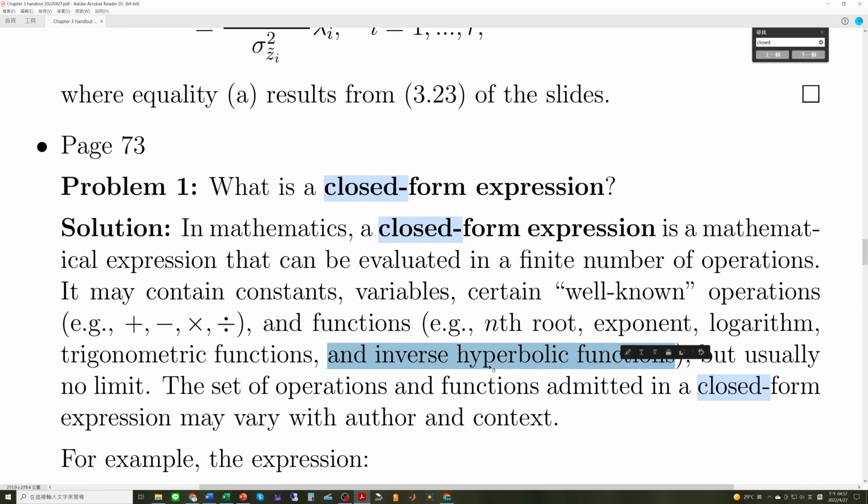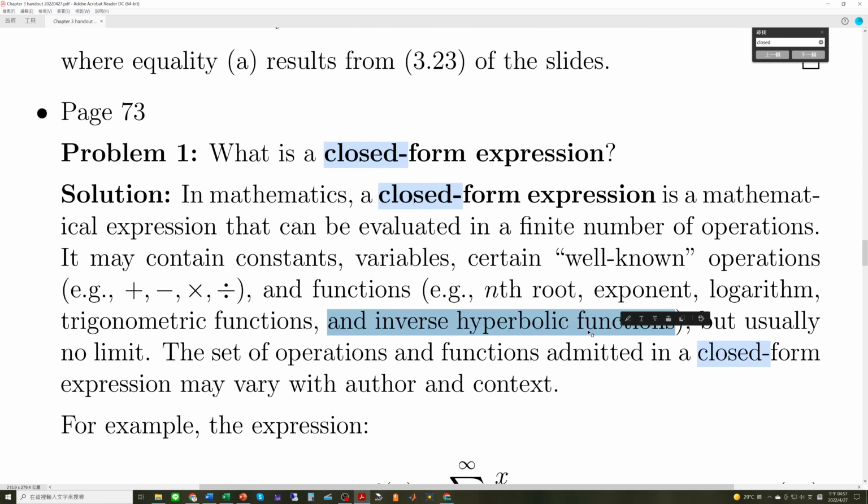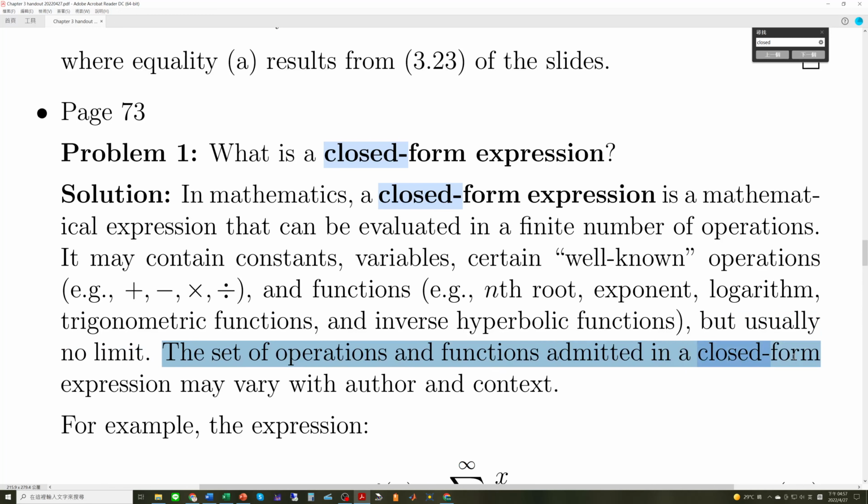It is not the key point here, but usually no limit on the set of operations and functions admitted in a closed form.